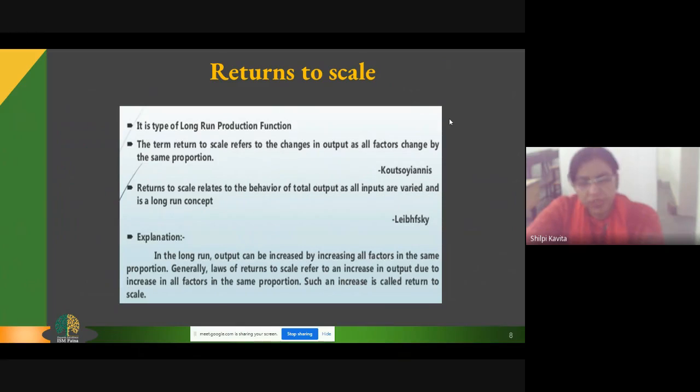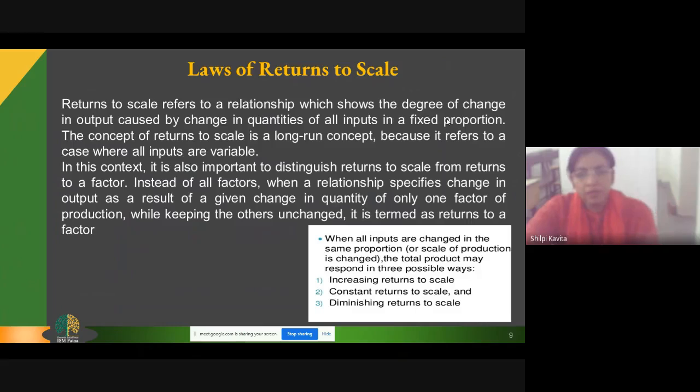Generally, laws of returns to scale refer to an increase in output due to an increase in all factors in the same proportion. And this returns to scale concept shows the degree of change in output caused by change in quantities of all inputs in a fixed proportion. And as I told you all, in this, all inputs are variable.